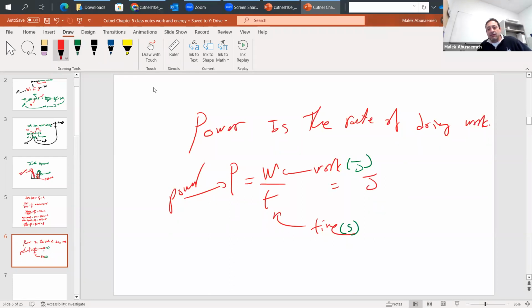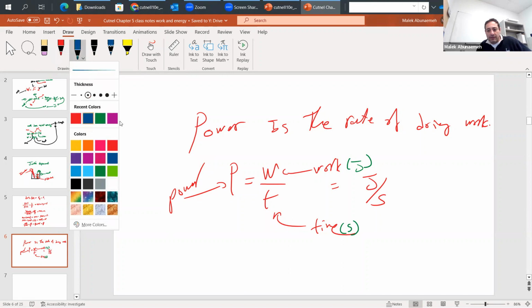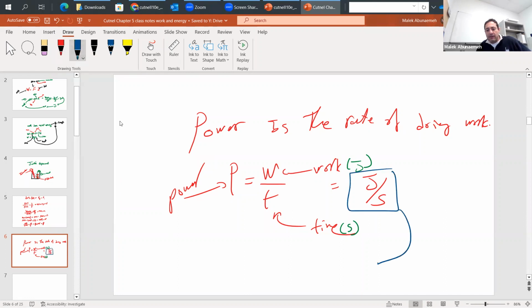So this is going to equal joules per second, and we call joules per second a watt. And we give it the letter W for your unit, and that's going to be your unit for your power. So the power is the rate of doing work.